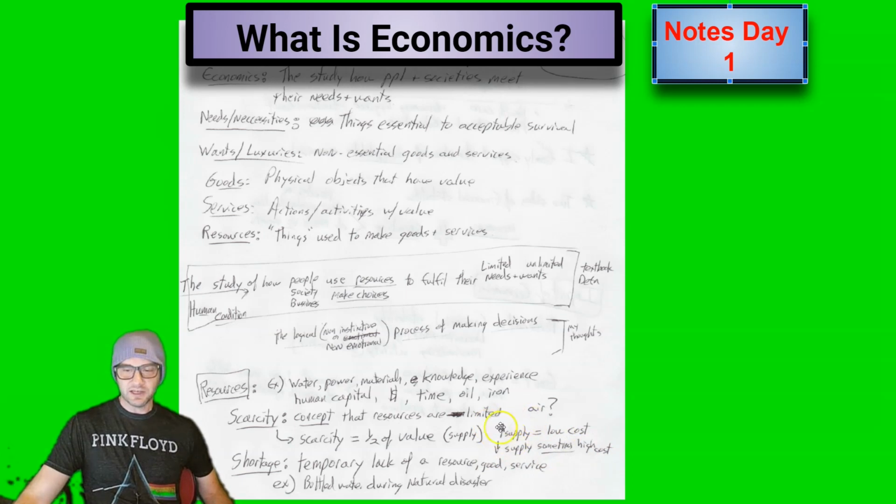If there is a lot of stuff, a very high supply, there is almost always a low cost of it. If there's not a lot of things, sometimes, if people want it, that's the demand, there is a high cost. So the concept of scarcity directly leads to the concept of price and value.